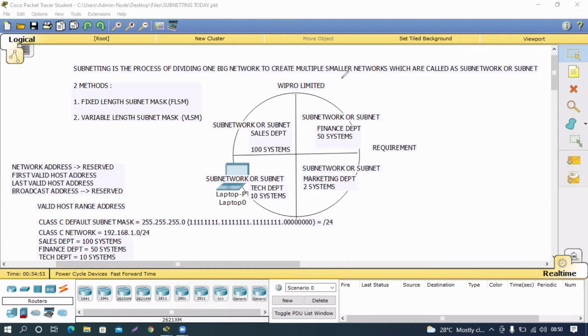Your company will be giving you the IP address and the subnet mask which you have to use to do subnetting. The company always provides you that. They will tell you that you have this type of requirement: sales, finance, technical, marketing, and this is the network you are going to use to perform subnetting.